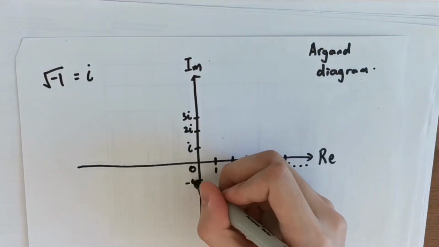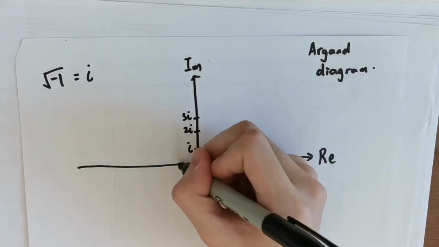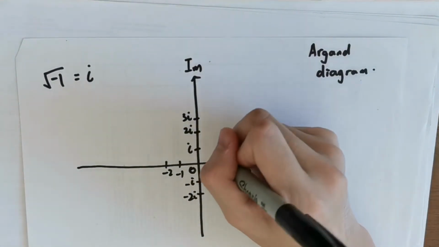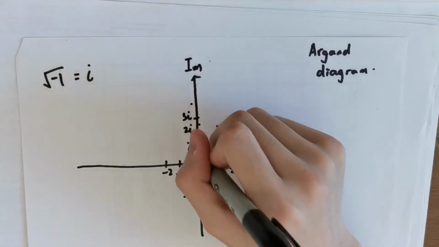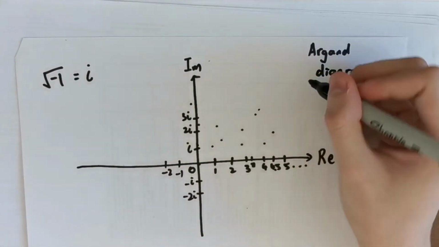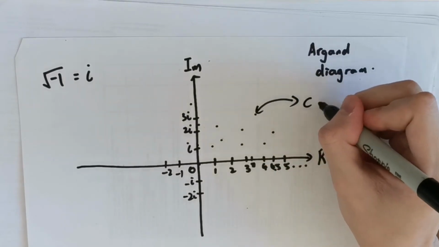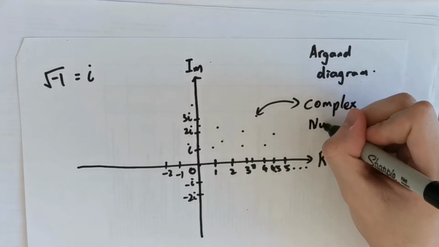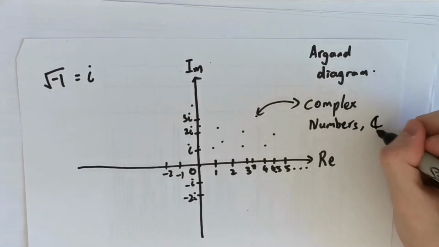Here we have -i, -2i, and so on. Here we have -1, -2, and so on. So any point on this diagram is called a complex number, symbol C.